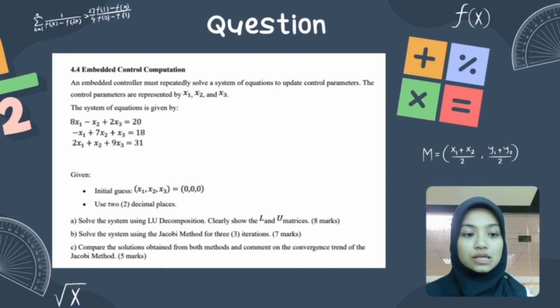B is to solve the system using the Jacobi method for 3 iterations, which means the iteration is repeated 3 times. C is to compare the solutions obtained from both methods and comment on the convergence strength of the Jacobi method.